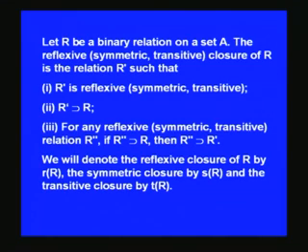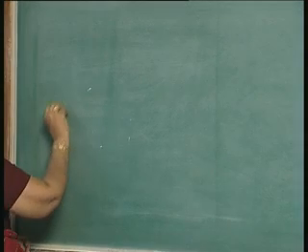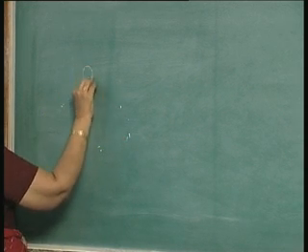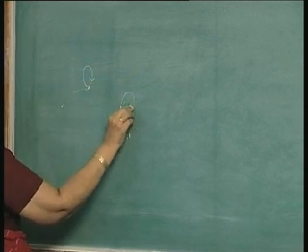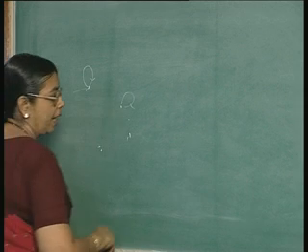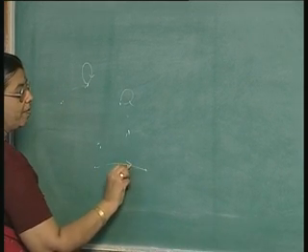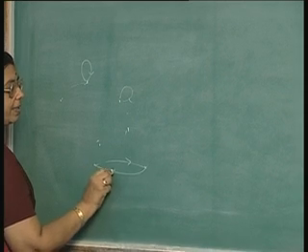As a graph, we have seen that if you have a binary relation represented by a graph, to get a reflexive closure, we have to add the self loops at every node. And to get the symmetric closure, if there is an arc in one direction, we must add the arc in the other direction.